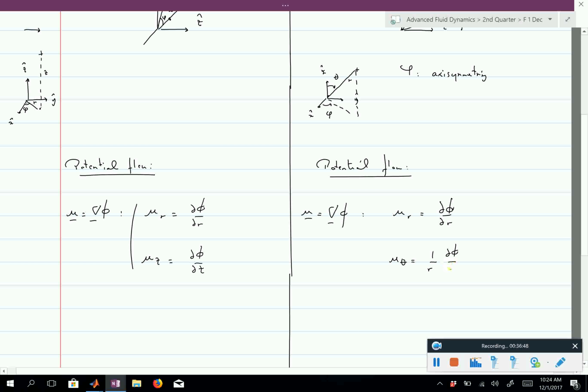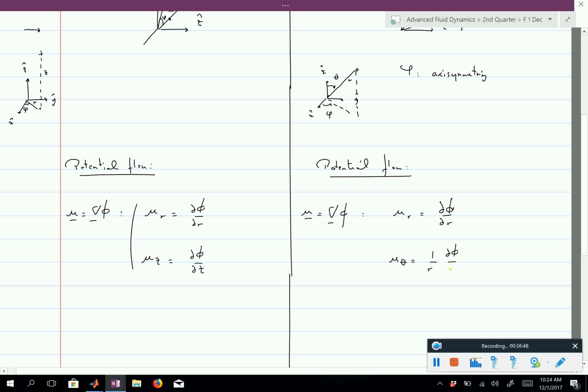So the stream function here, this is now the Stokes stream function. ur is equal to minus 1 over r partial psi over partial z, and uz is equal to 1 over r partial psi over partial r.